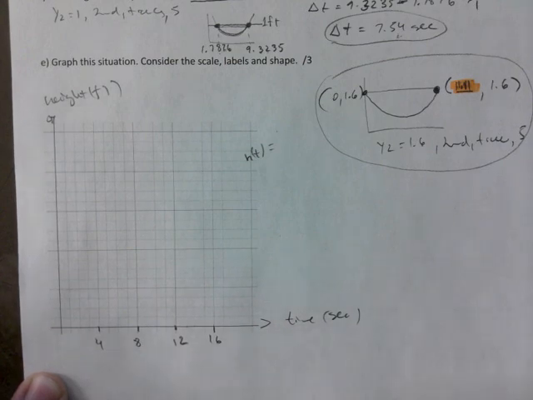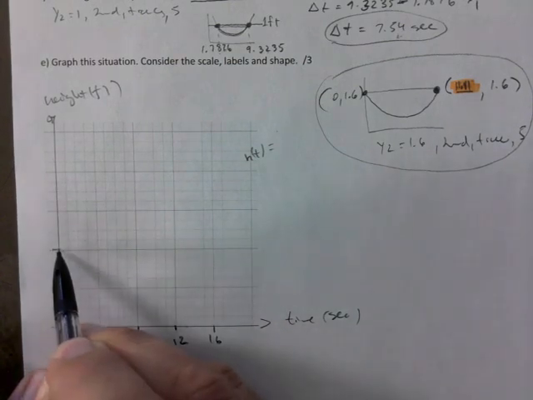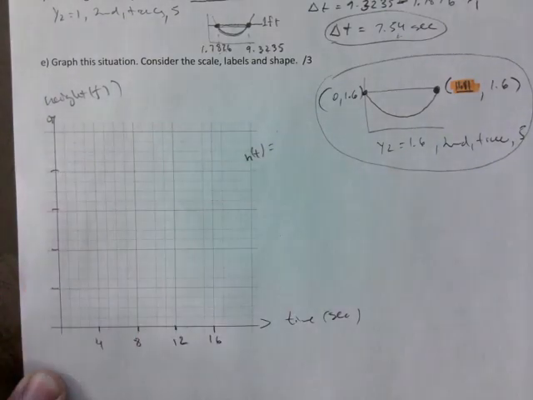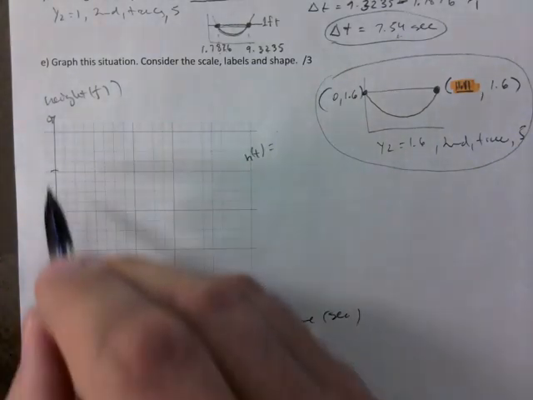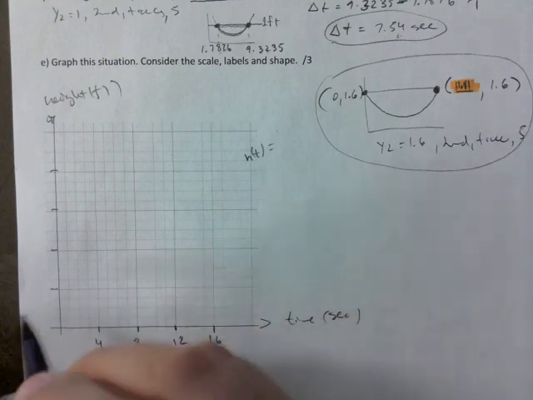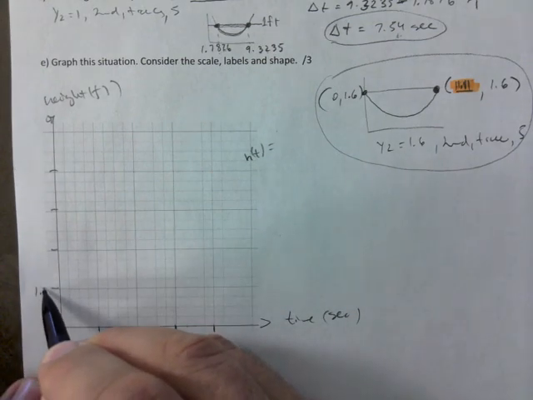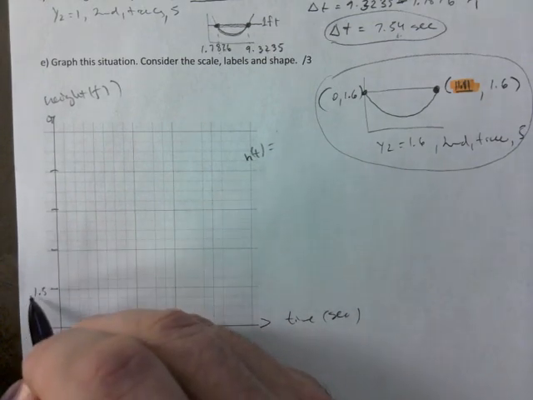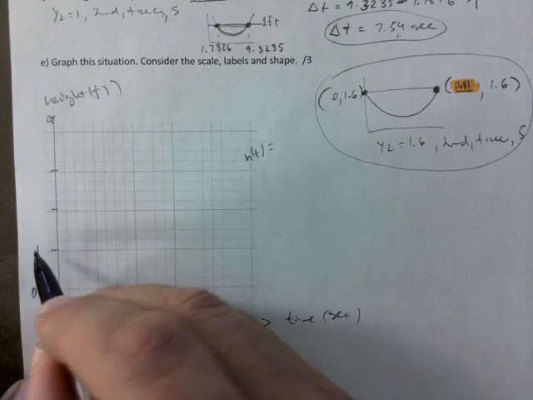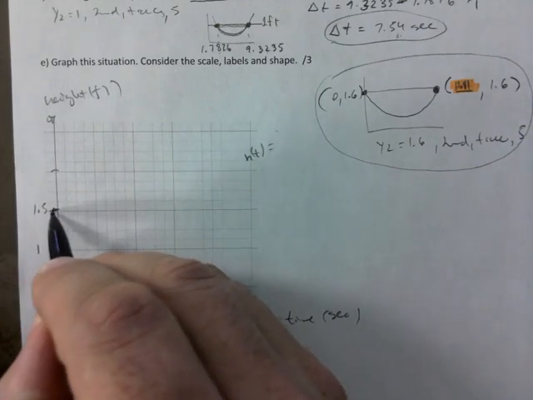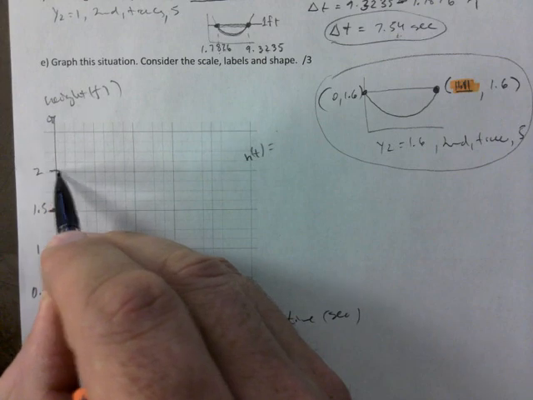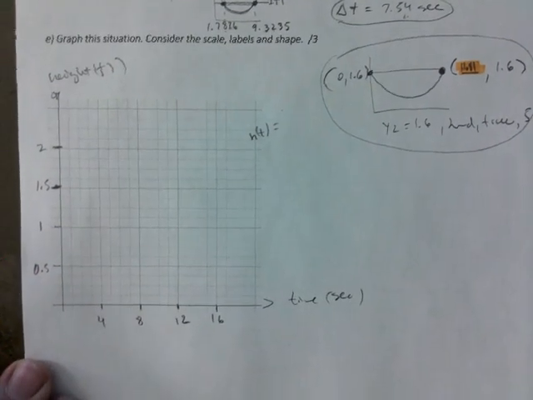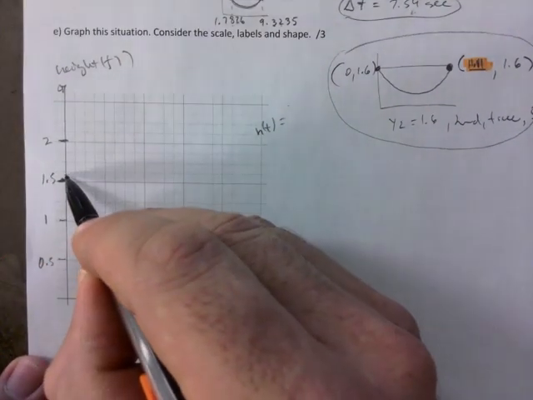Going up by 4, whatever scale you chose, that's fine. I need to make sure 1.6 fits in here because that's the highest you ever get. 0.5, 1, 1.5 for this mark, 2. That'll work pretty good. And so 1.6 is right about there.